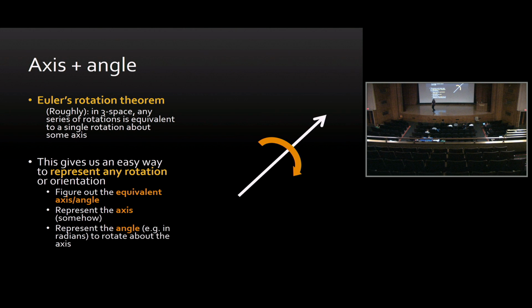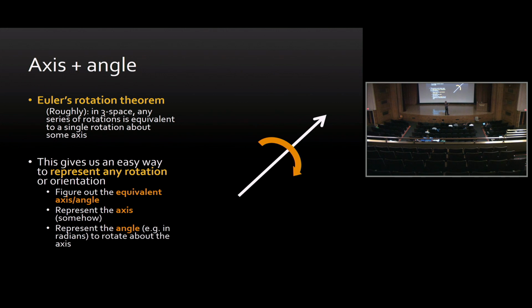So for axis plus angle, Euler, who's kind of a big name in math in general, but especially in the development of geometry and rotational geometry in particular, proved his rotation theorem, which says in 3 space you can represent any rotation as being specifically a rotation around one axis by a specific angle.